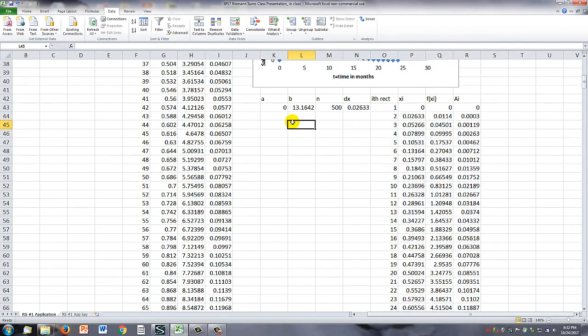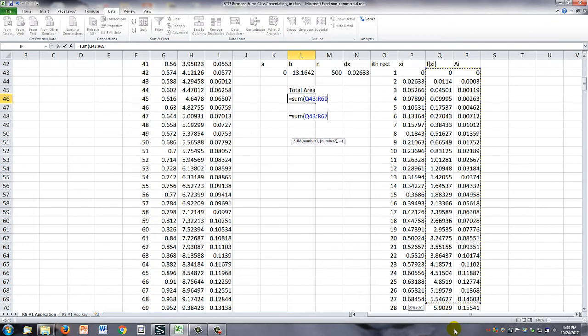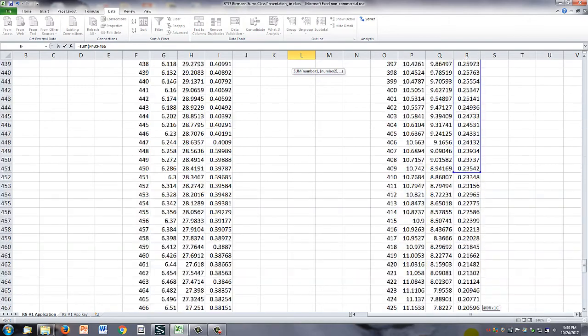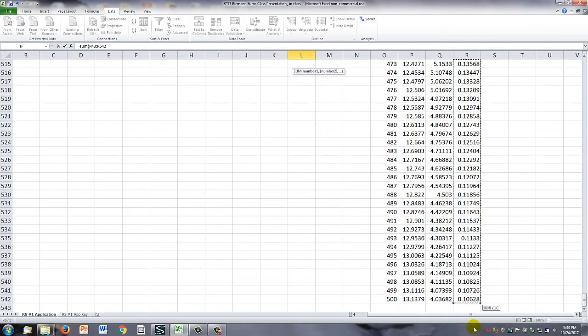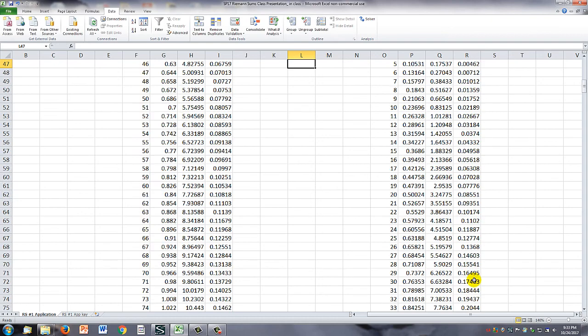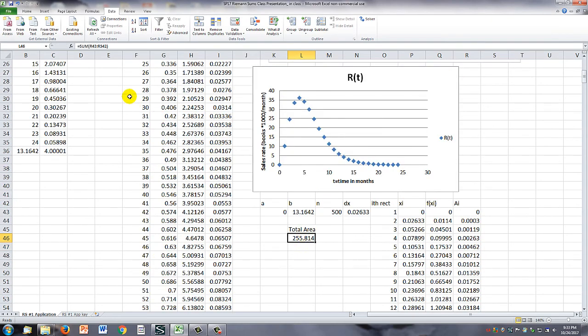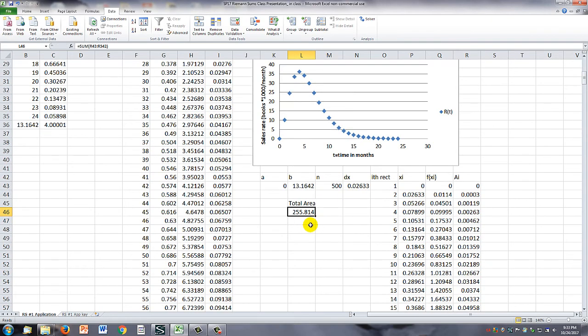So the total area is equal to SUM parentheses, and if you forget, you can just go all the way back down again. I'll do that to show you that that's doable. There and just hit enter, and it did it. And so this is, remember, total area under the curve. This is the sales rate, books per month in thousands. So this is books, total books.